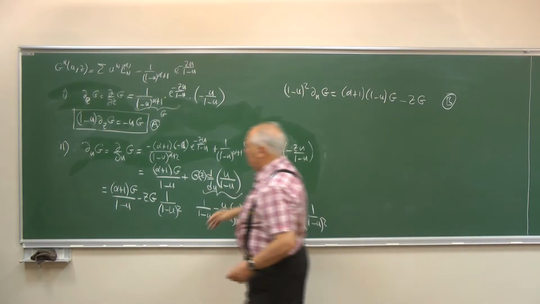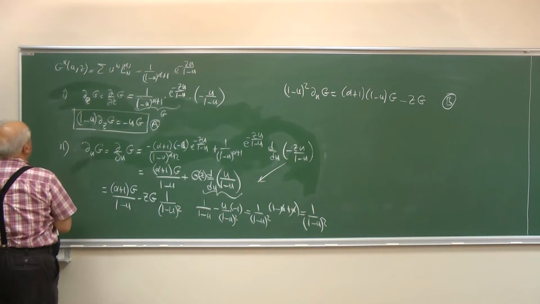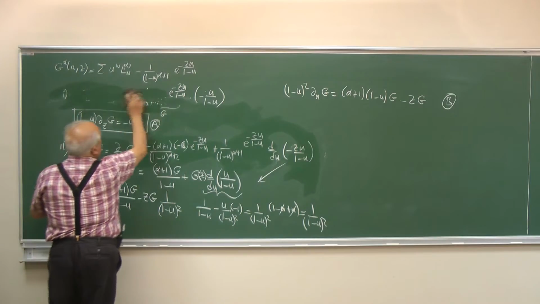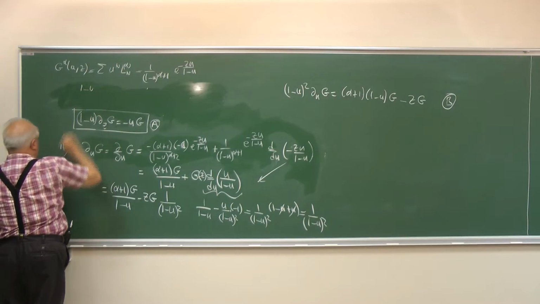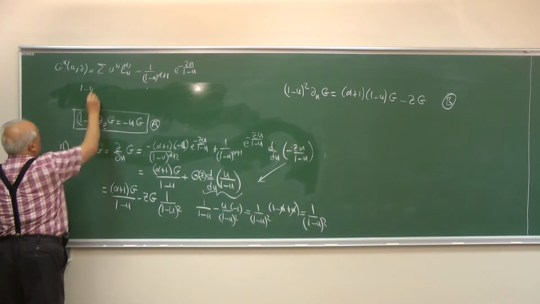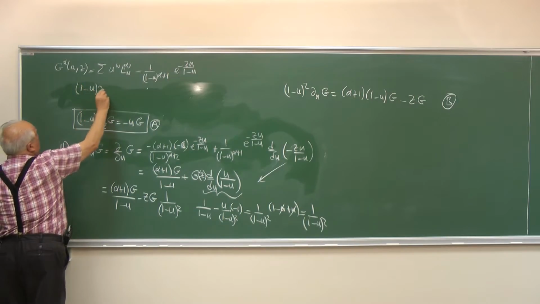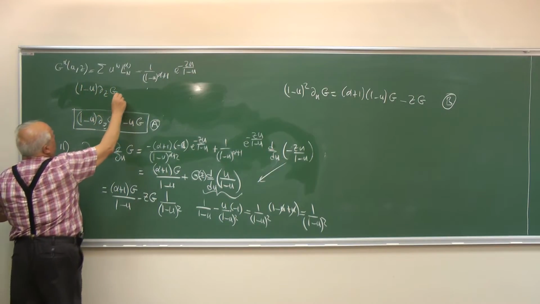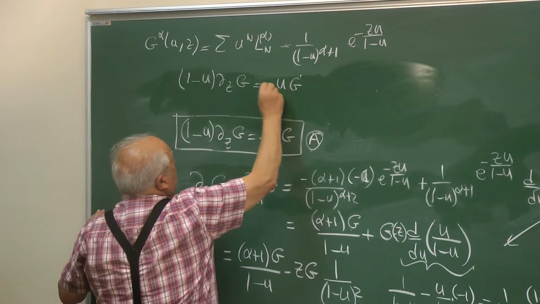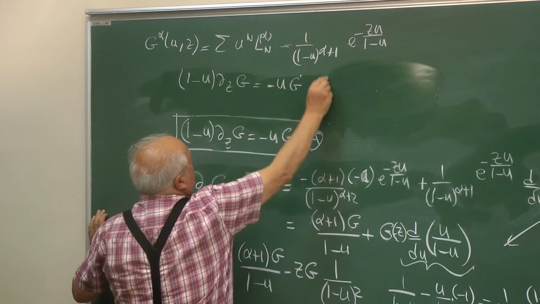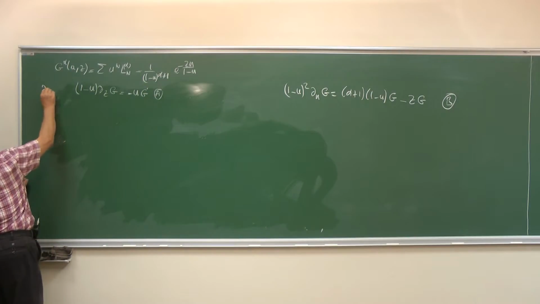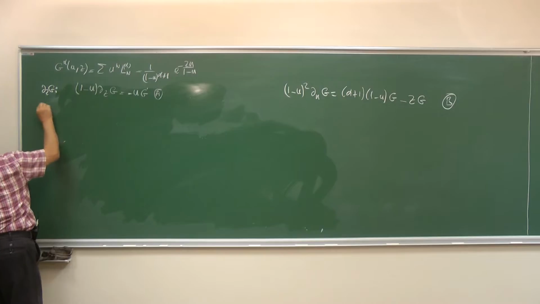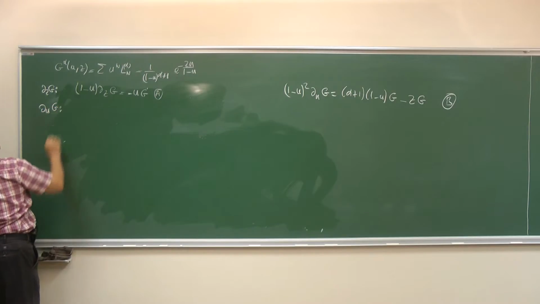Let me write A and B together. I'm erasing the derivation. I will just write the results now. I'm writing this upstairs. 1 minus u delta z G. That's equal to minus uG. That's our relation A. And I will simply copy B to here. Remember, this came from delta z G. The second one comes from d by du.